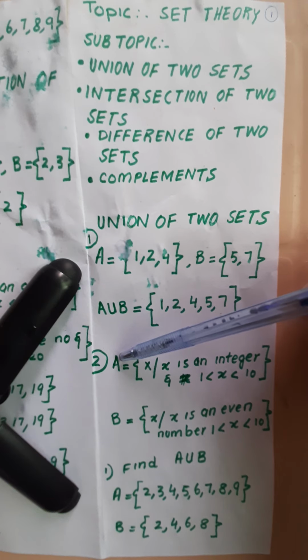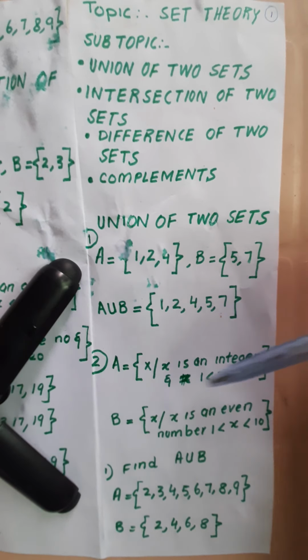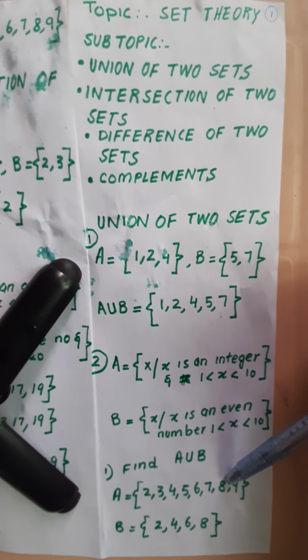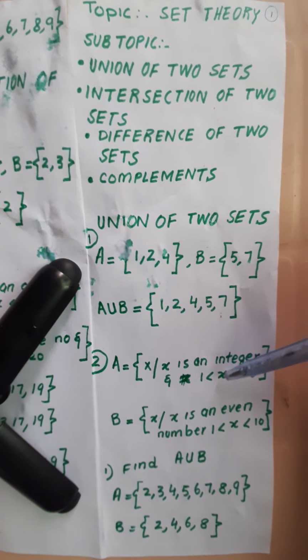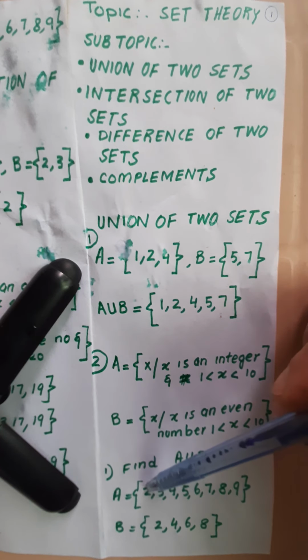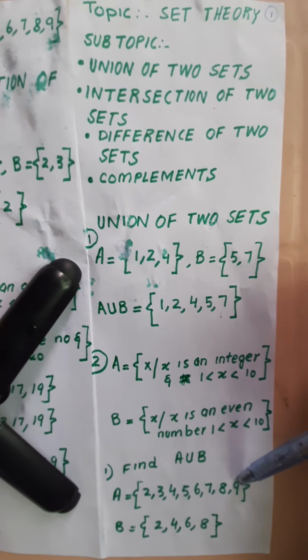That forms a set A. Now, integers greater than 1 and less than 10 are 2, 3, 4, 5, 6, 7, 8, 9.